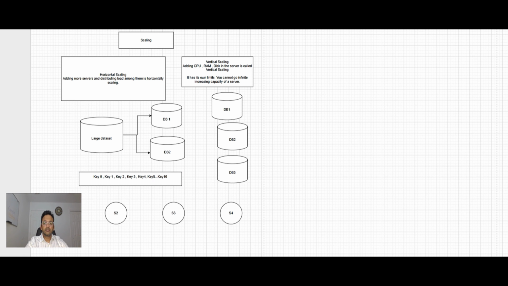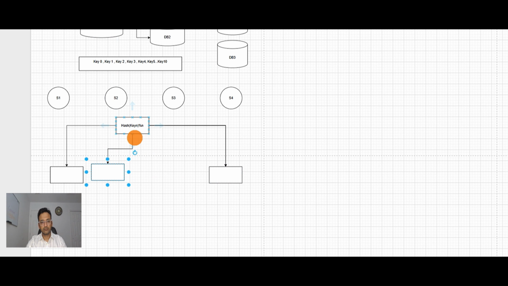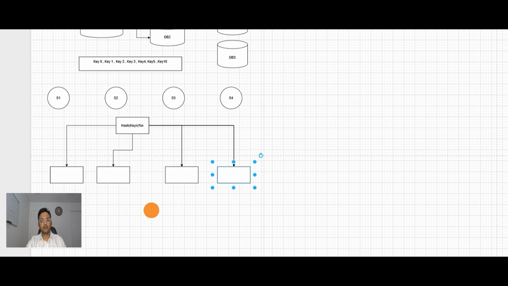So how will we do it? There are different mechanisms. One mechanism or algorithm is traditional hashing. What it will do is run a hash function on each key and perform a modular operation with n. And what is n?